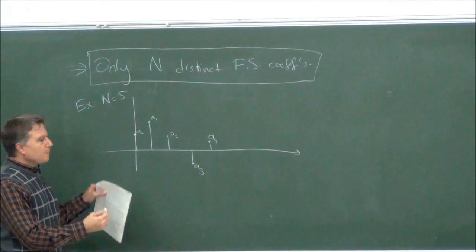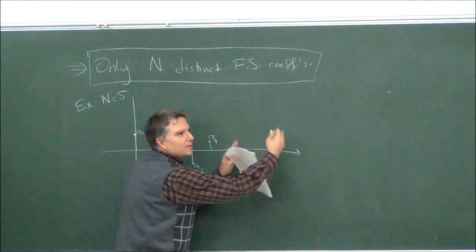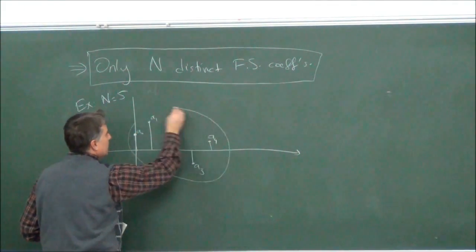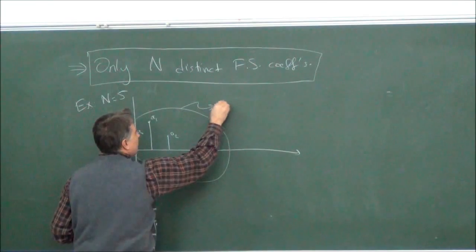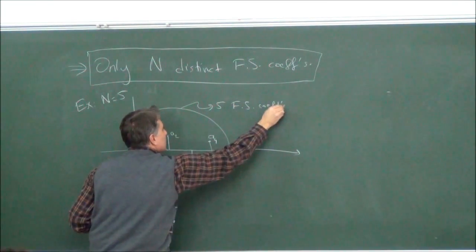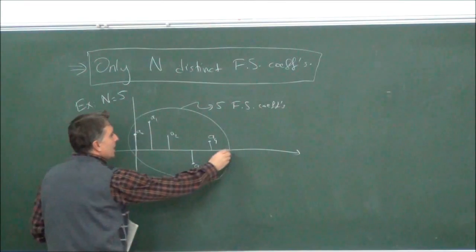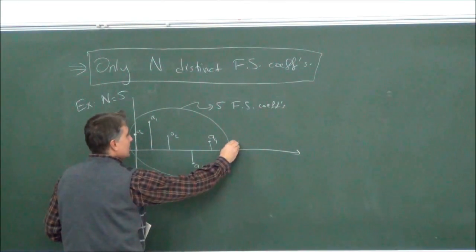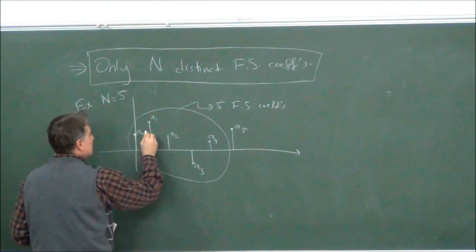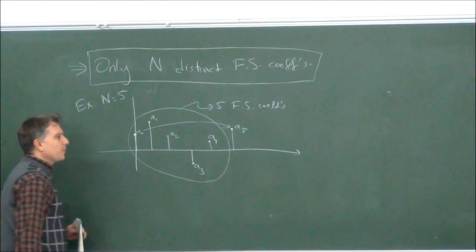Take this, and then it repeats itself to the left, to the right, everywhere. 5 Fourier series coefficients. And this thing, which is, let's call it a_5, is the same as a_0.